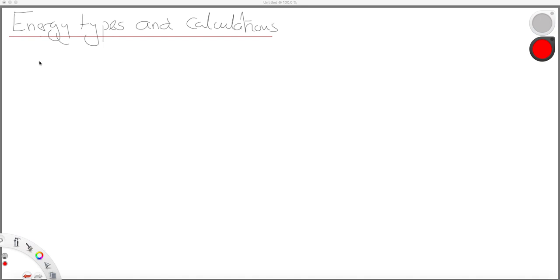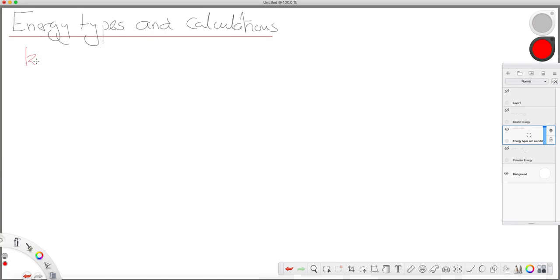There are two types of energy that we perform calculations on. There's kinetic energy, and we have potential energy, but there's only really two of these that we do calculations on.